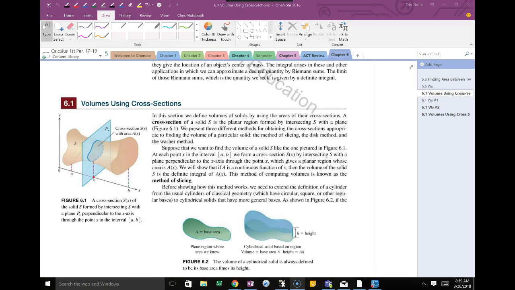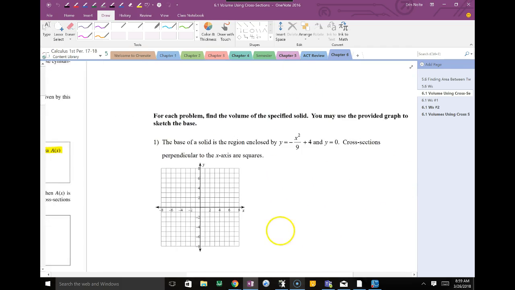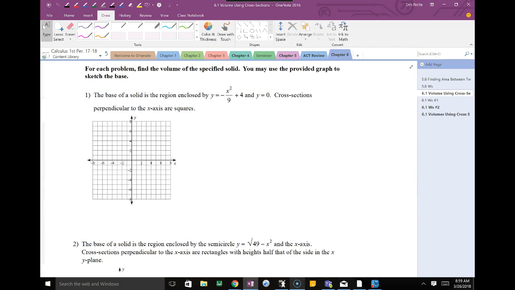All right, here is my first example. The first question is very similar to what I just showed you. I'm going to start by drawing the base area onto my two-dimensional surface, exactly like what we did in our last section.